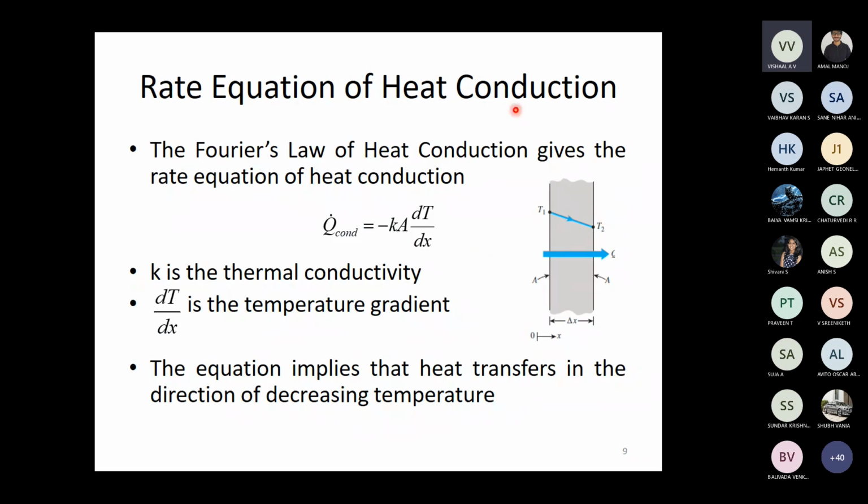Now coming to the law that governs heat conduction. That law is called Fourier's law of heat conduction. It gives the rate of heat conduction. This particular slide deals with the rate of heat conduction, that is, how to quantify the amount of heat conducted.